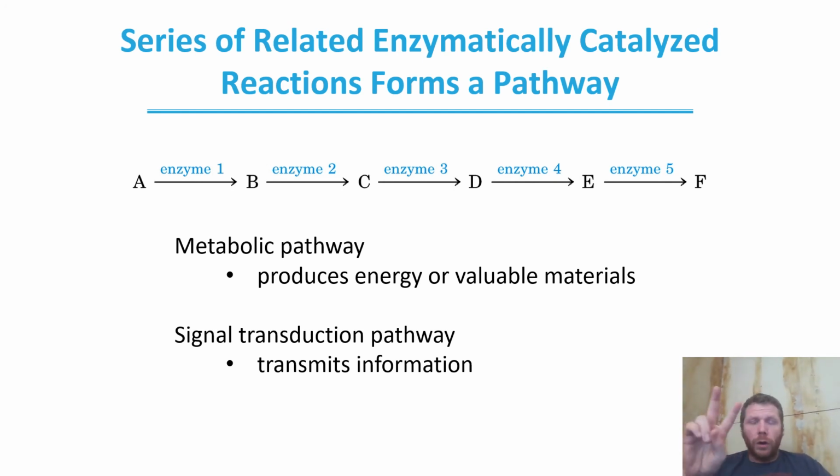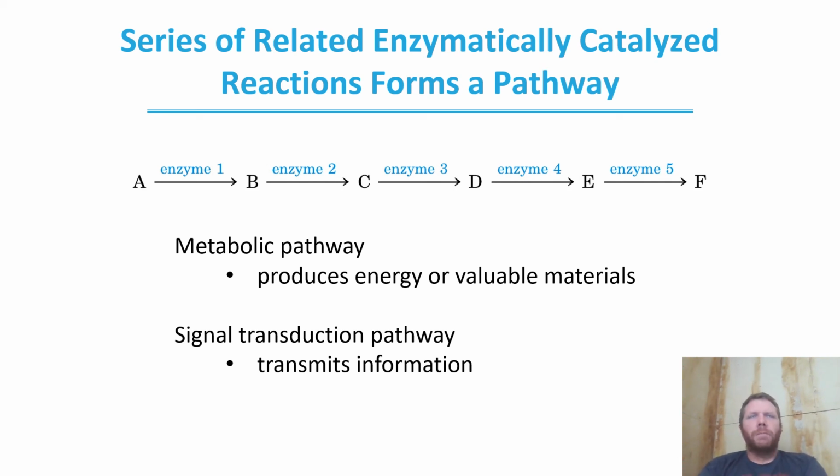There are two pathways that I think are important for you to understand. A metabolic pathway is this one, whereas a signal transduction pathway is one in which you're transmitting information rather than developing a product of sorts.